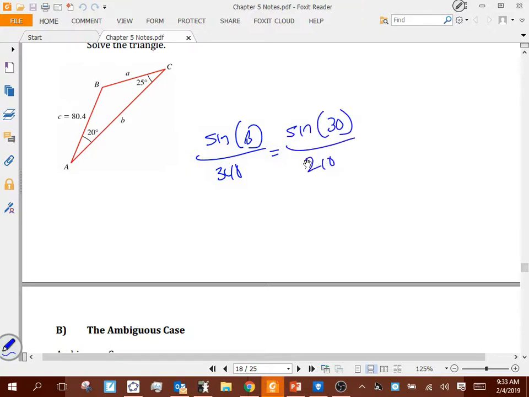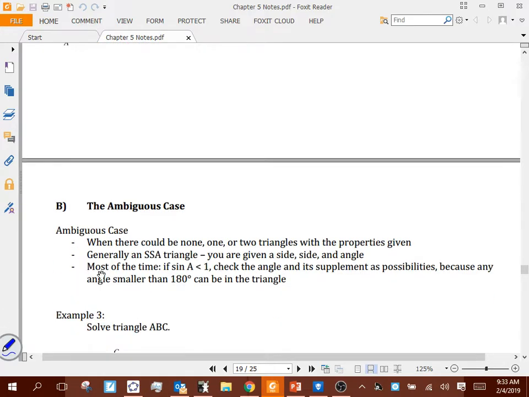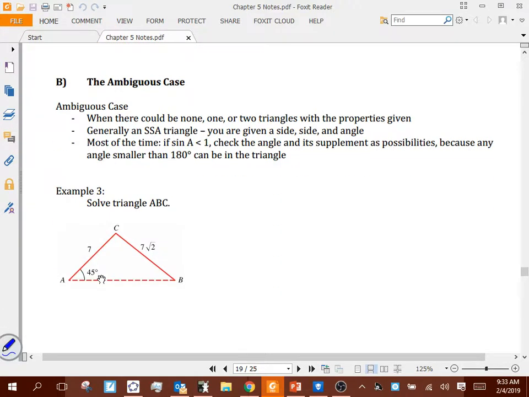I don't even know if that will work to give me an angle or distances that make sense for a triangle, but let's say I end up with that proportion. My variable is now the capital B, right? I have to pull that capital B out by using my inverse trig function, sine inverse, okay? And that's going to spit back an angle measurement to me instead of distances, like we've been talking about in the last question. And we'll see that here worked out with what we call the ambiguous case, okay?